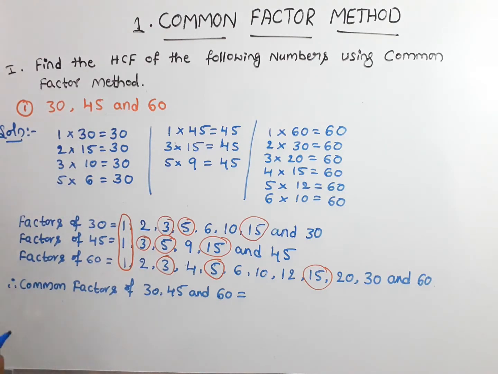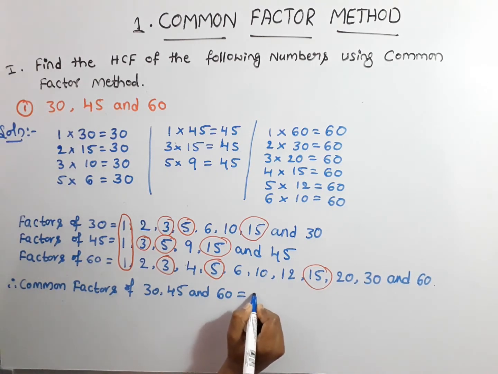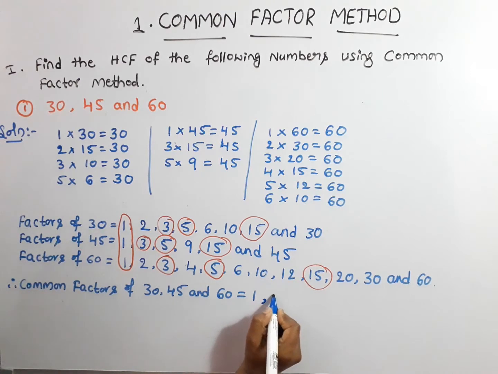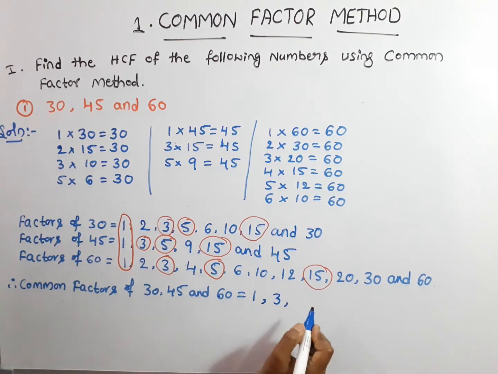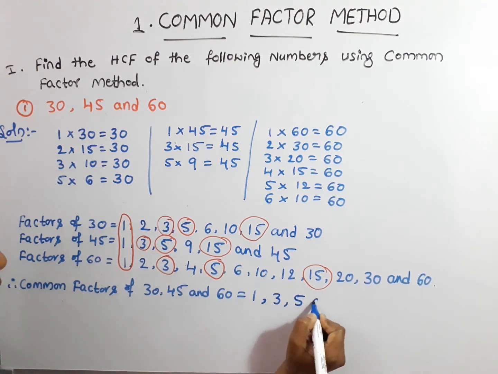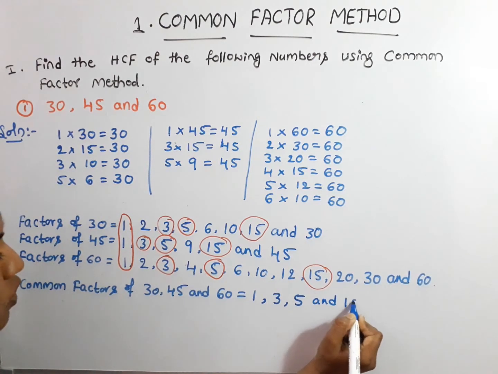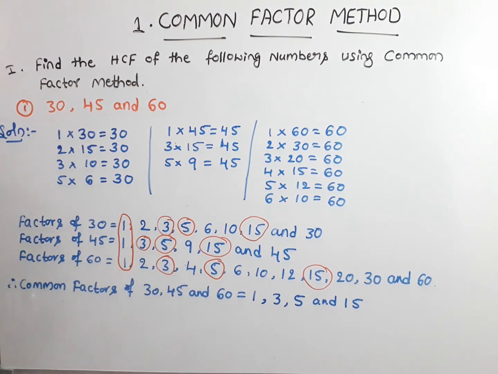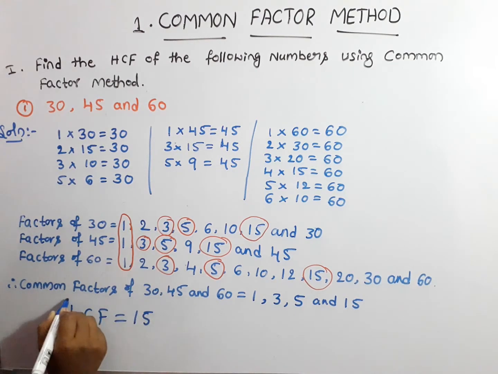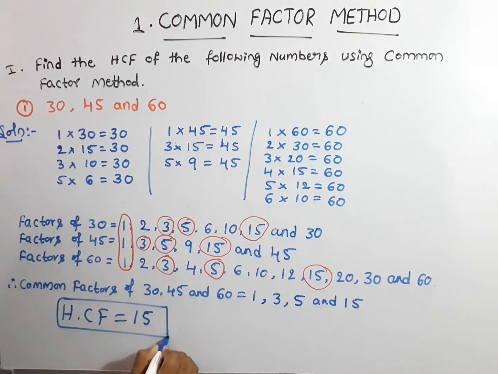So here write common factors of 30, 45 and 60 are 1, 3, 5 and 15. So in this, which is the highest common factor, which is the highest number? 15. So HCF is 15.